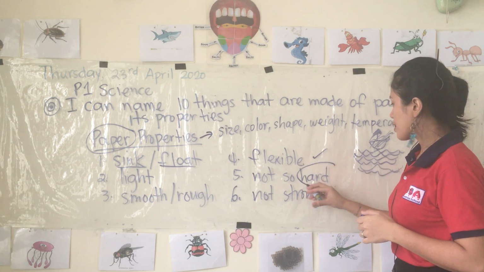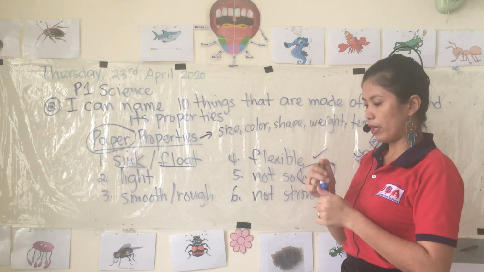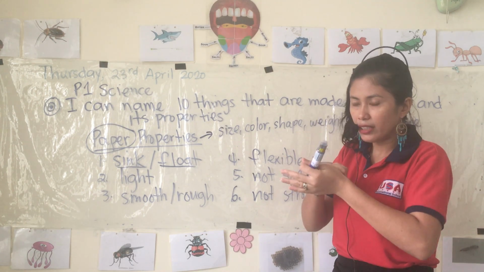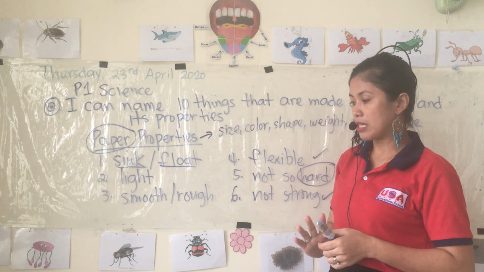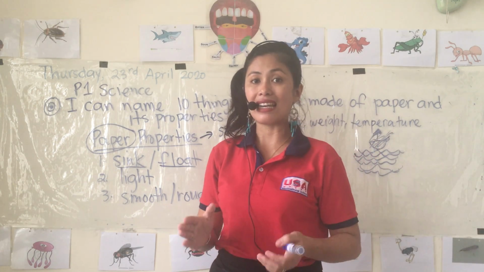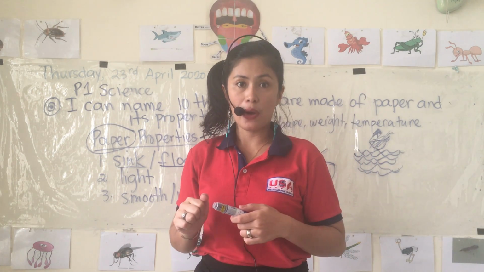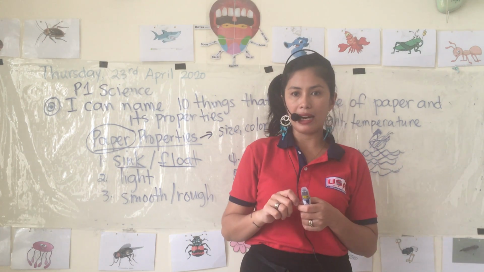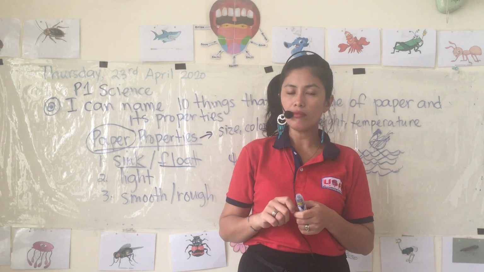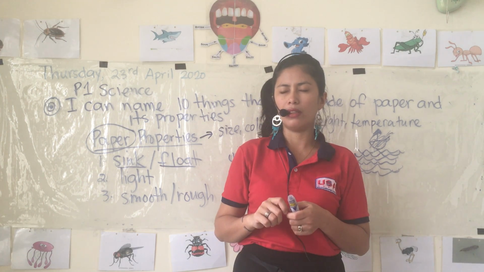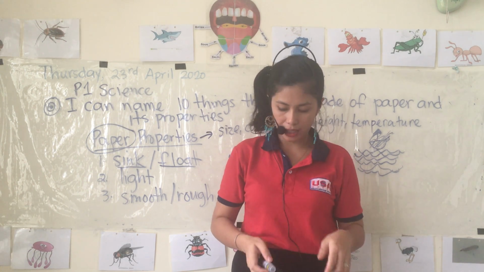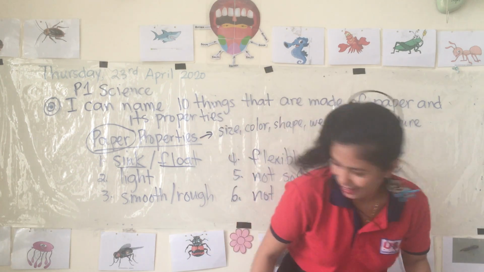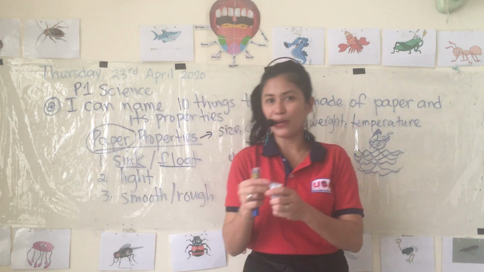Okay, so flexible, not so hard. So again, when we say hard, it doesn't mean that it's hard, but the hardness of a material is how easily it can be scratched. So let's say for example a paper and a plastic.